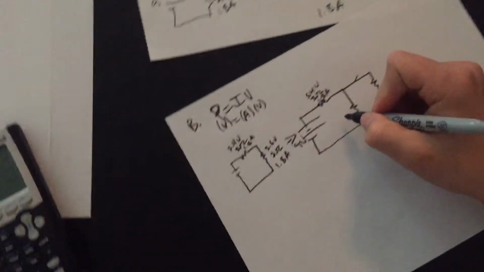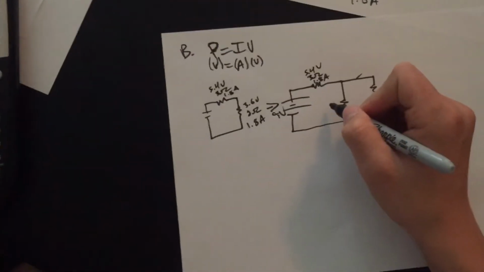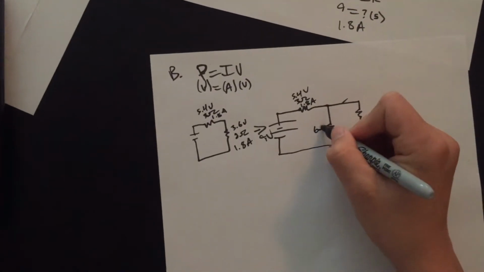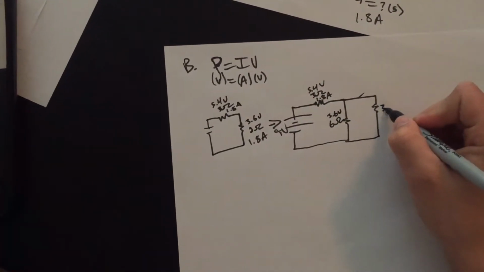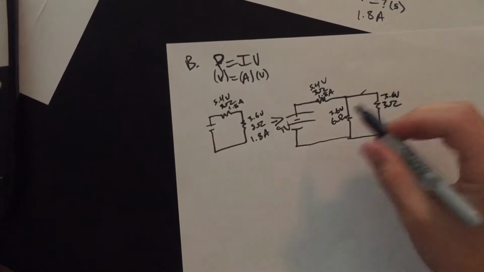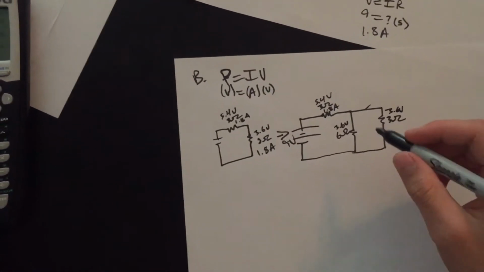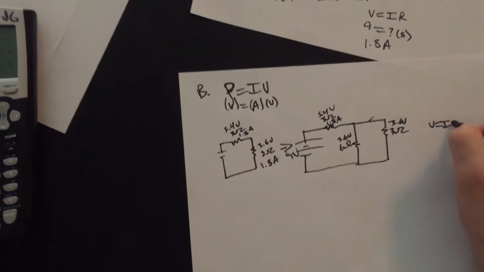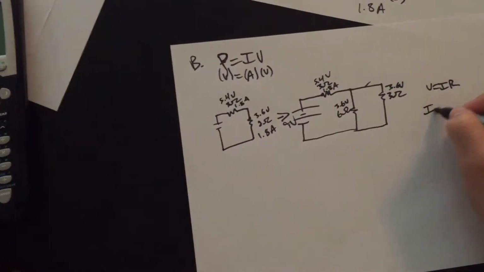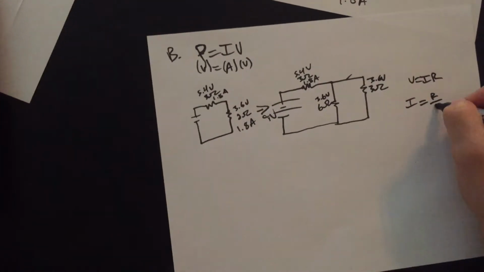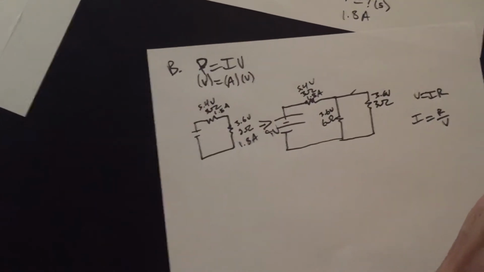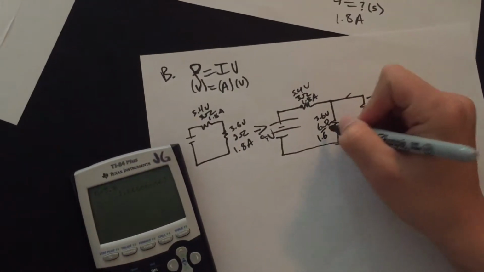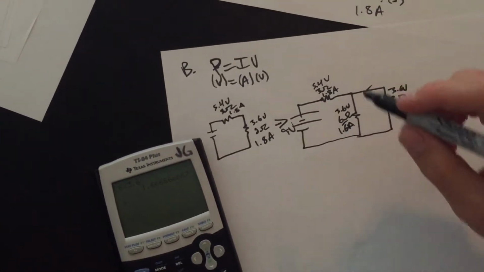And so when we go back over to here, we learned from the original schematic that this is 6 ohms. We learned from over here that it has 3.6 volts. This one is 3 ohms, also has 3.6 volts because in a parallel it's the same voltage throughout. So you're going to use V equals IR, but you're going to do I equals R divided by V. So you're going to do 6 divided by 3.6, which equals 1.6 repeating amps.